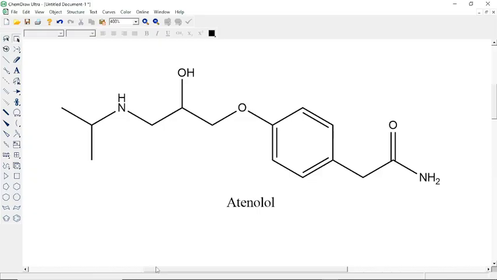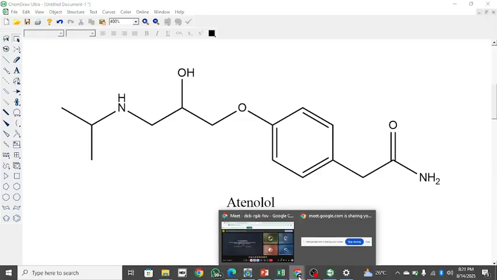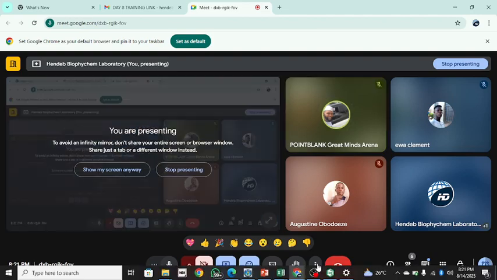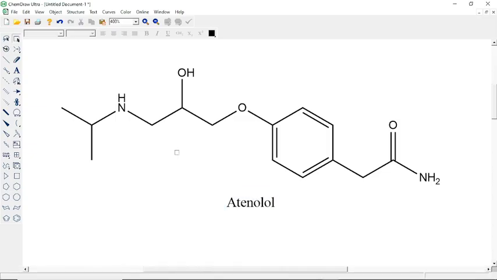Your screen is not showing anymore. The screen is on. Are you seeing the screen? I have not seen it yet. Is anyone seeing my screen?